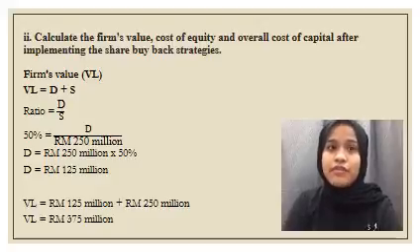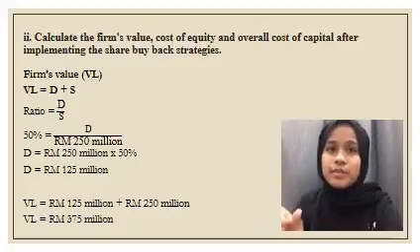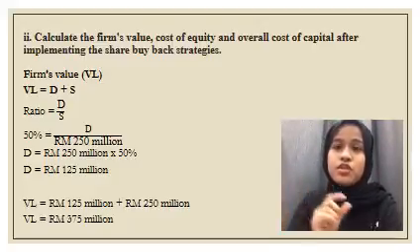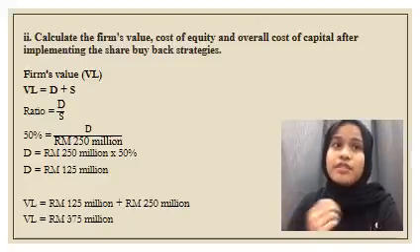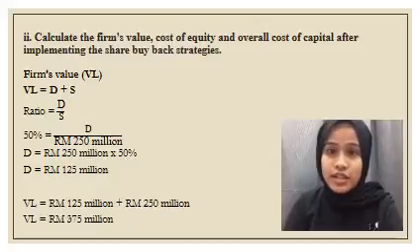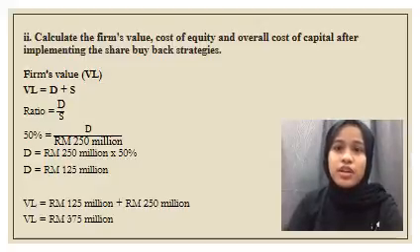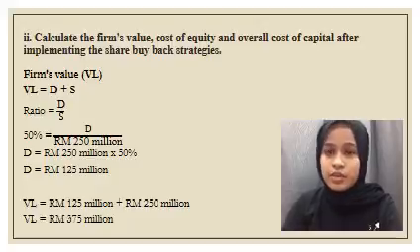So D is 250 million multiplied by 50%, so D equal to 125 million. Now the firm value is 125 million plus 250 million, so the firm's value is equal to 375 million.